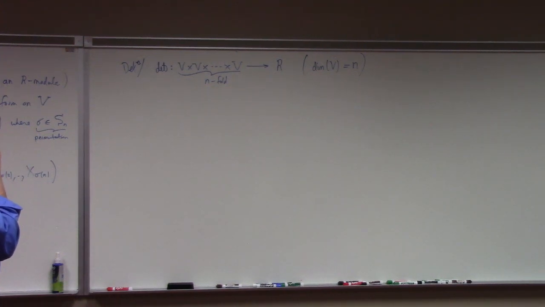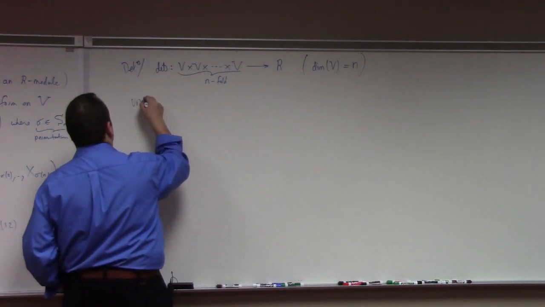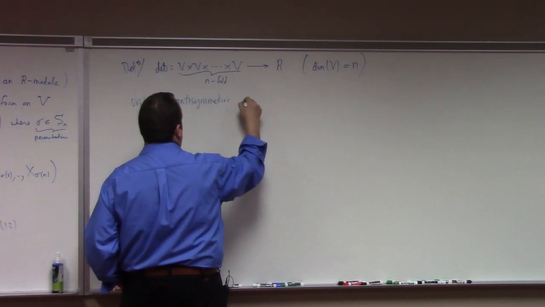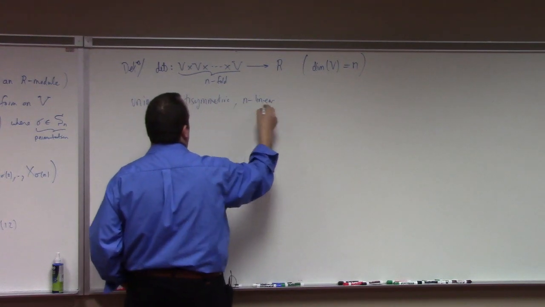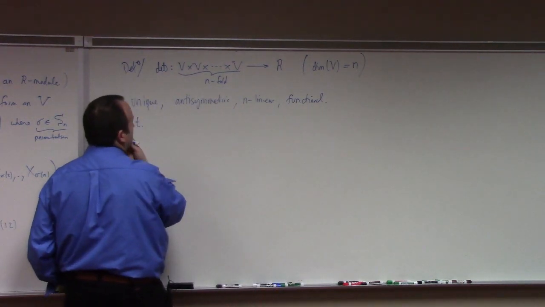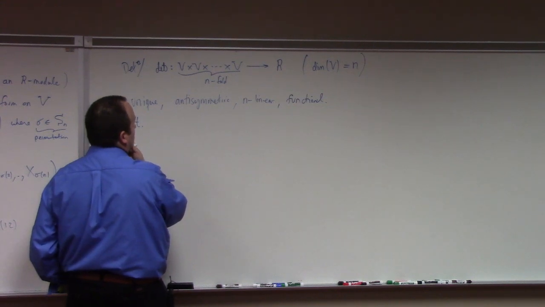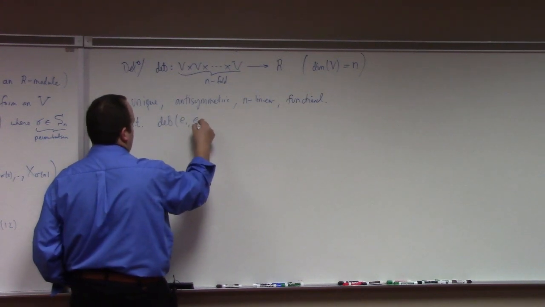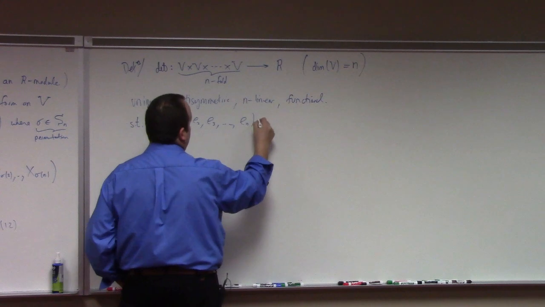Then I think in that context I can define the determinant to be the unique antisymmetric n-linear functional such that it takes the determinant of E1, E2, E3, up to En to just be 1.